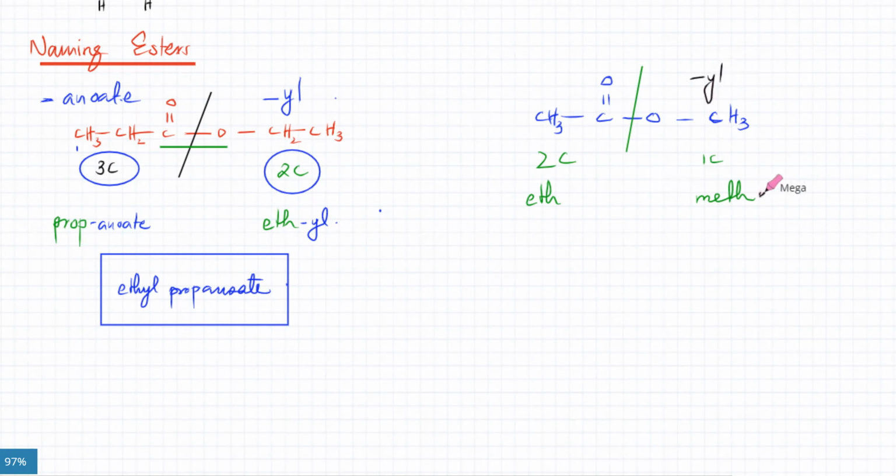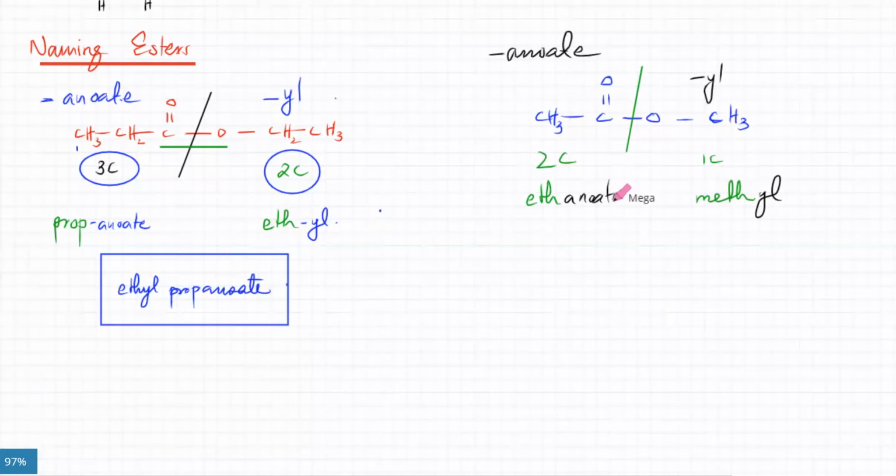So this is going to be methyl. Double bond O वाली side is going to be referred to as oate.